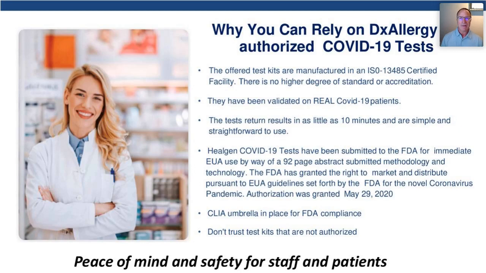And we have the CLIA umbrella in place for compliance. Why is that important? If you look at the literature that surrounds this and other tests, it'll tell you it's intended for use under a moderate or high complexity CLIA license. Well, the only entities that have those types of licenses are laboratories. Nobody goes to a laboratory in some office park to get a test like this. It's all done at the clinic level.